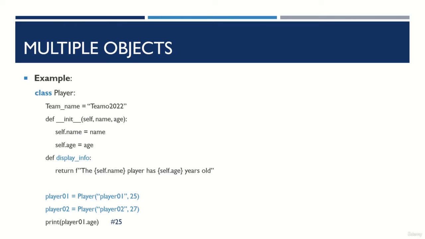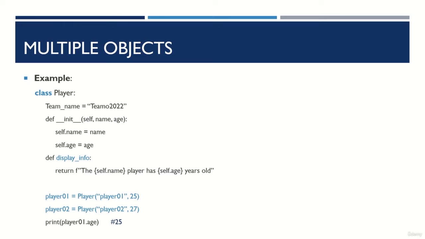So in this case, instead of saying self.name equals name, here player01.name equals player01, and player01.age equals 25. The self parameter is a reference for the current instance.